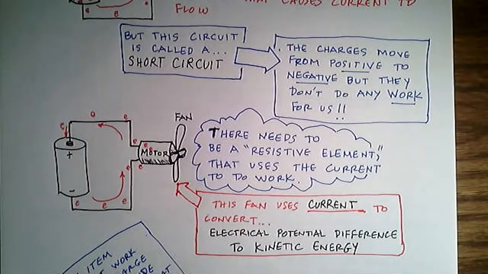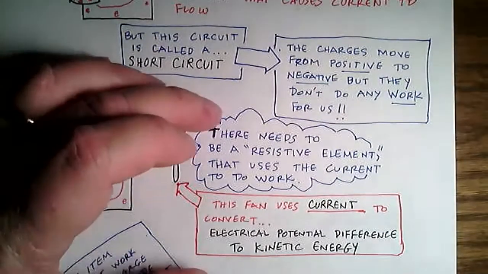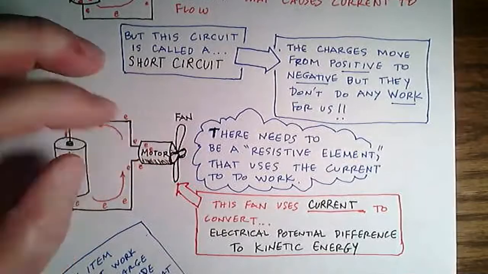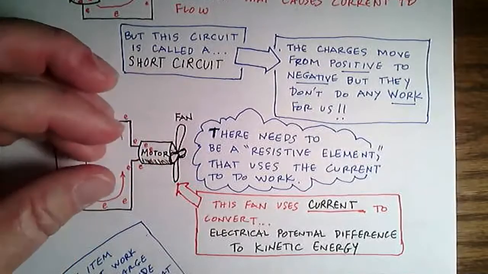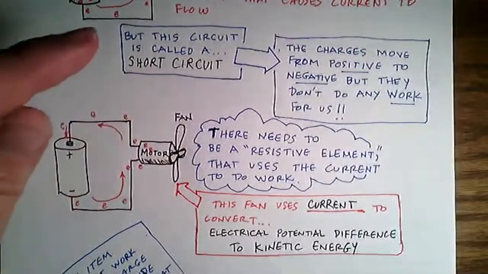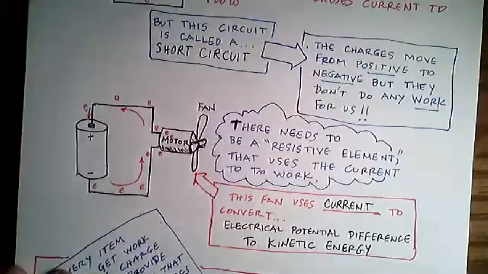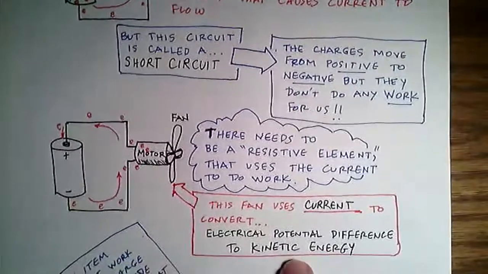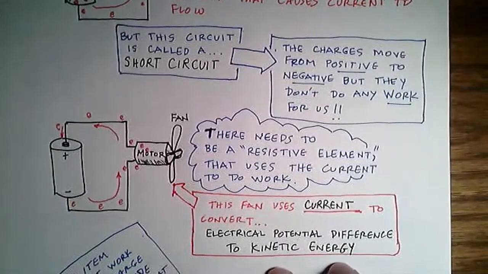Okay. This is what we want to use current, electricity, to do. And we have to put these elements in here, like this motor. This is going to be the device that does that work. But in exchange, you don't get any kind of energy for free. You can't just get kinetic energy from nowhere.